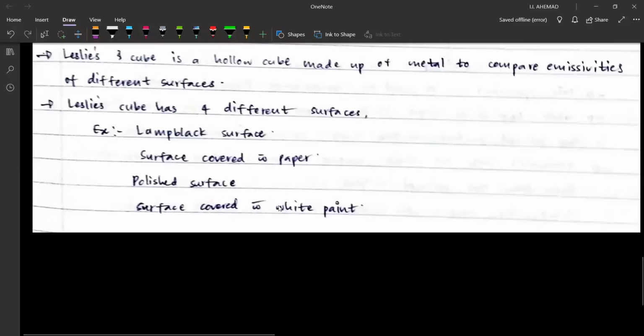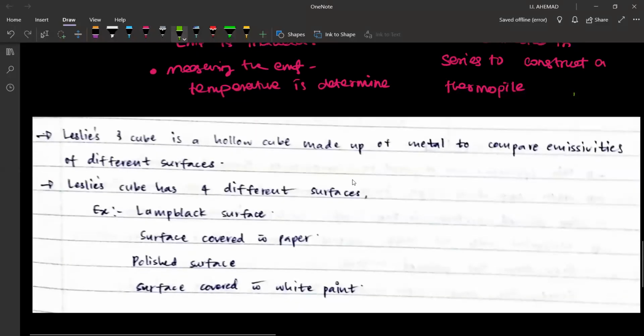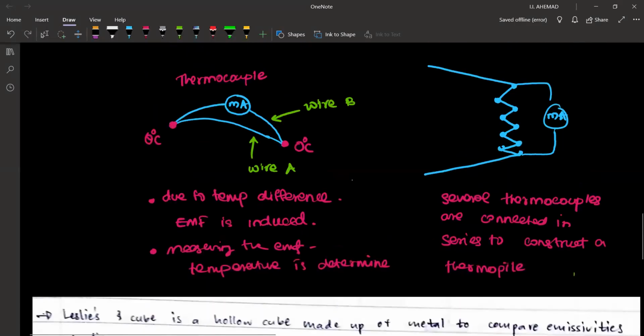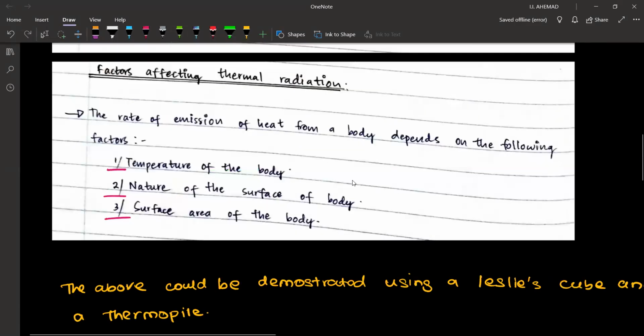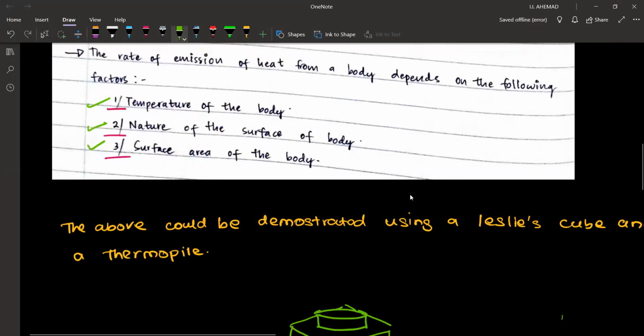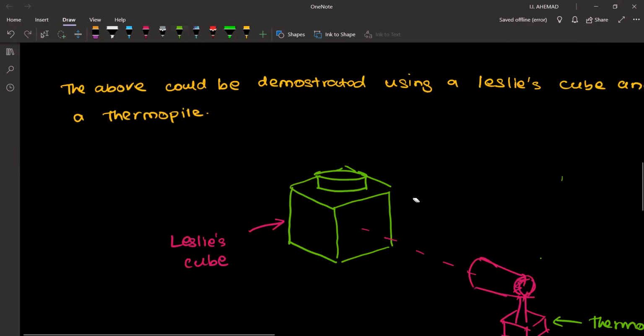Let's see how we can use this Leslie's cube to compare the emissivity of different surfaces. We have to prove that radiation depends on temperature, on the nature of the surface, and on the surface area. First, let's prove that the radiation depends on the nature of the surface.